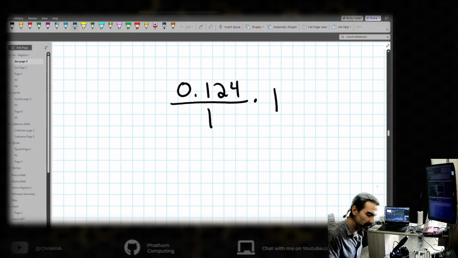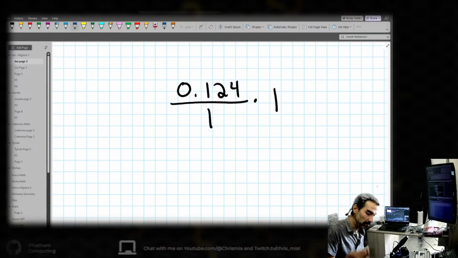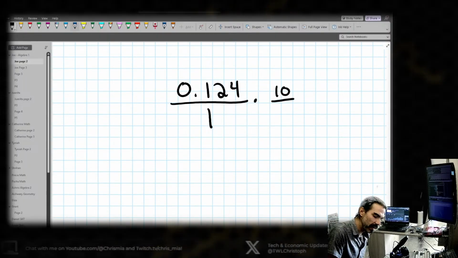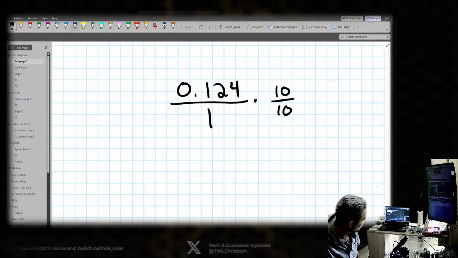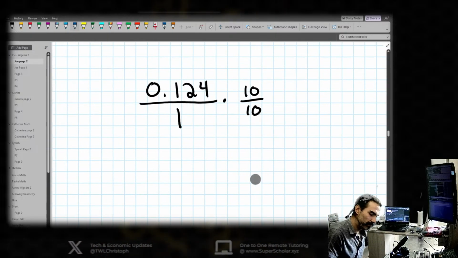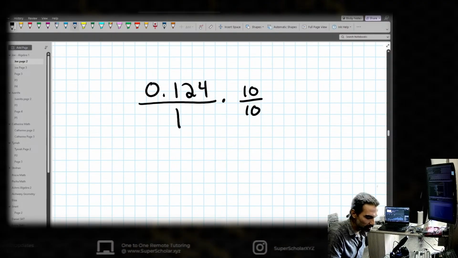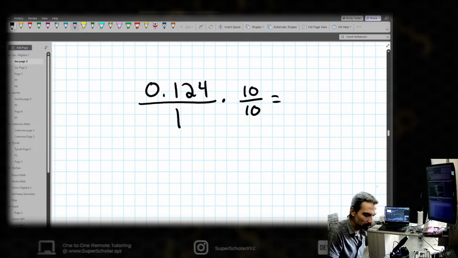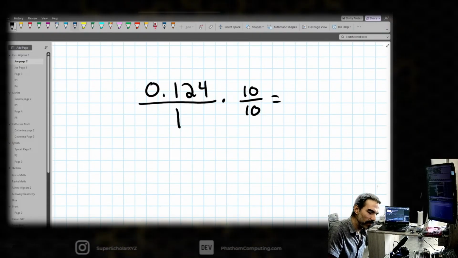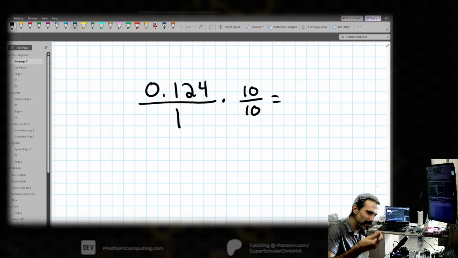If you're not used to decimals and multiplying by tens, here's a great example. I'm going to change this 1 to a 10 over 10, because tens are great for decimals. There are two ways to look at it. The 10 will change this 0.124, and we multiply it by 10 of itself, so we think about it as moving the decimal.